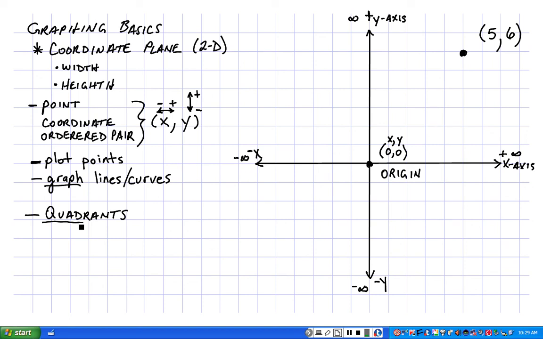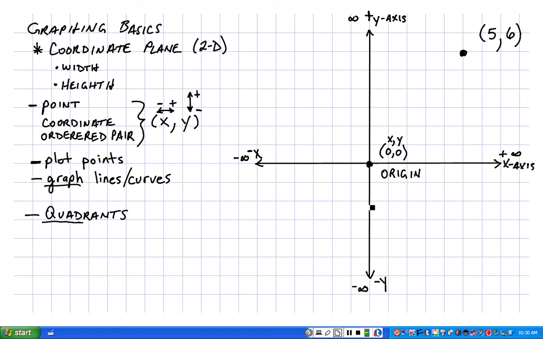So aside from our x and our y axis providing us with a means by which to identify the location of a point, it also breaks up this plane into 4 pieces. These axes break this entire plane, this page, the sheet you're looking at, into 4 parts, and the prefix for 4 that we use sometimes is quad, so quadrants.